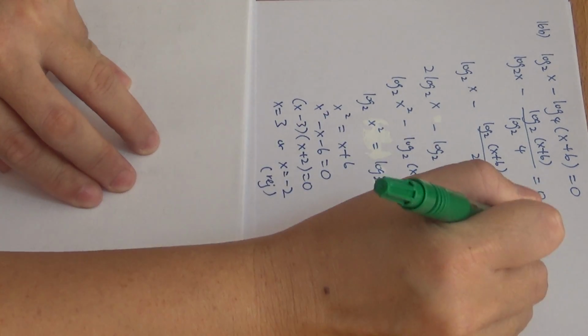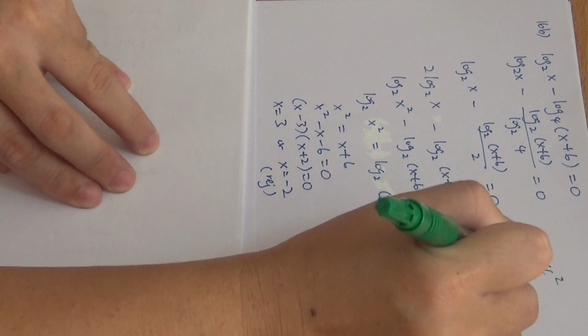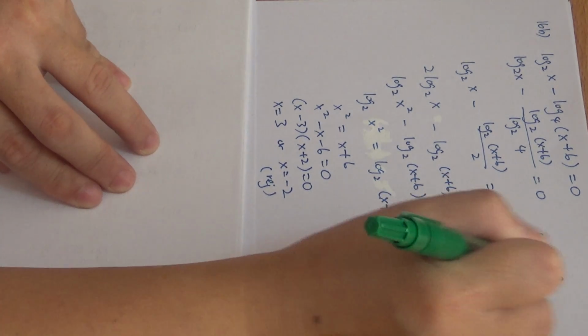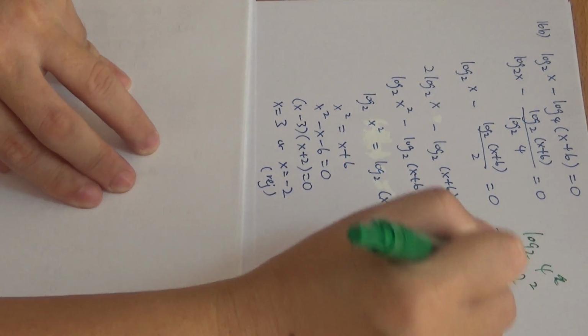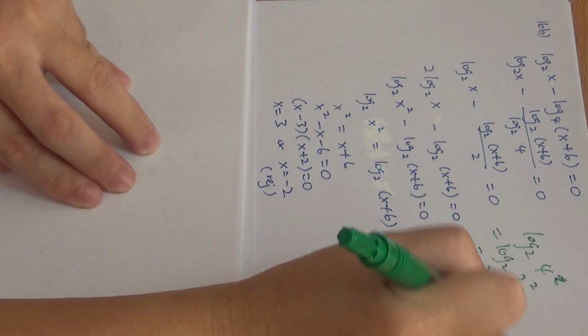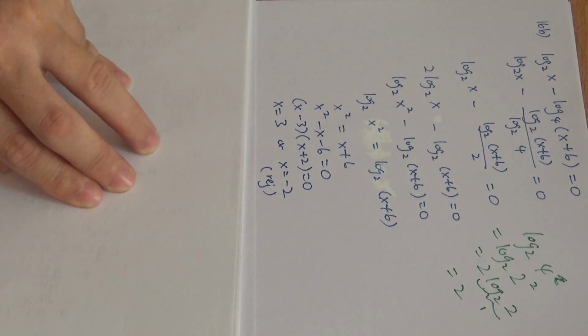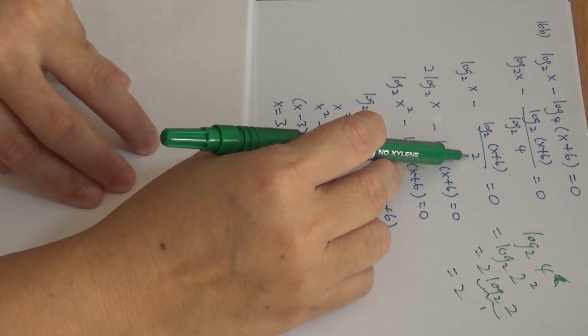I'm just going to repeat one more time how I do it. Log 2 4 is log 2 2 squared, so this is 2 log 2 2. Log 2 2 is 1, therefore it is 2. So this is how I get the 2 here.